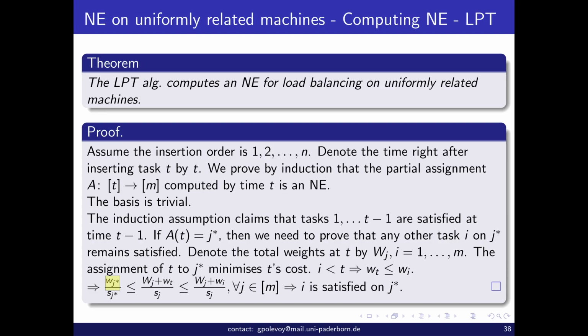So the cost that t experiences now is of course the capital W in j star, the total weight accumulated at time t at J star, divided by the speed of the machine J star. It has to be the capital W. Let me fix that. So the total weight.